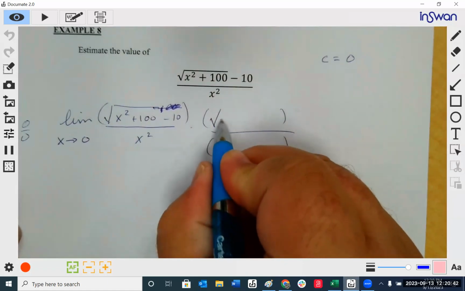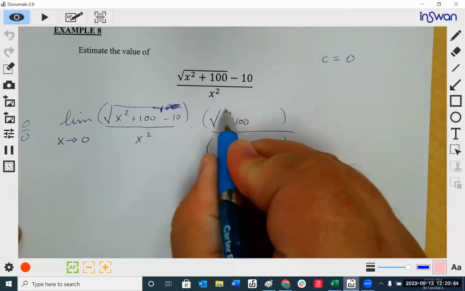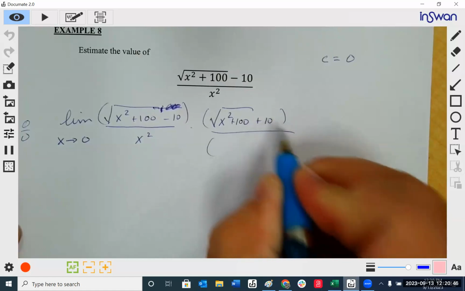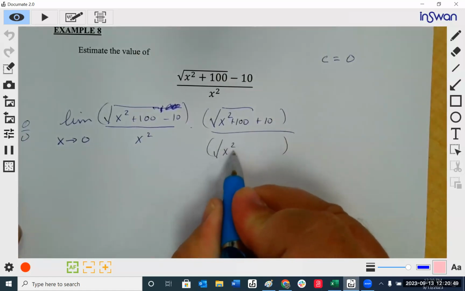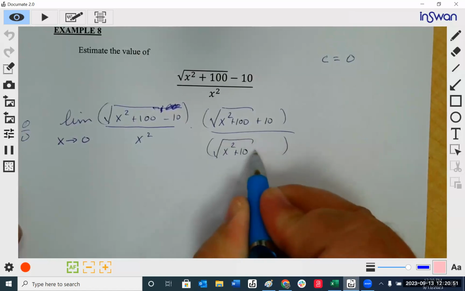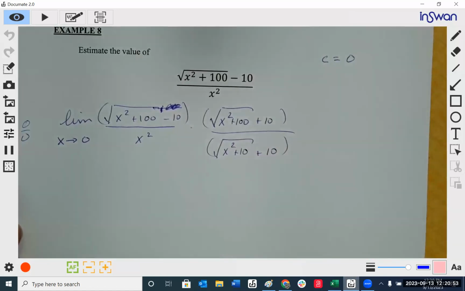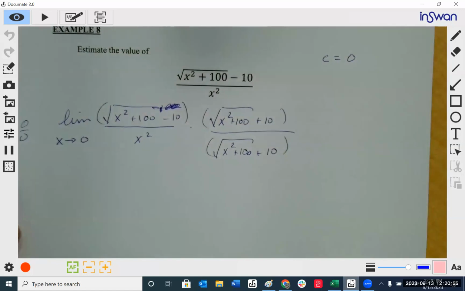Rationalizing the numerator. That's usually the only thing you can try. So have at it. Do you want me to do it?